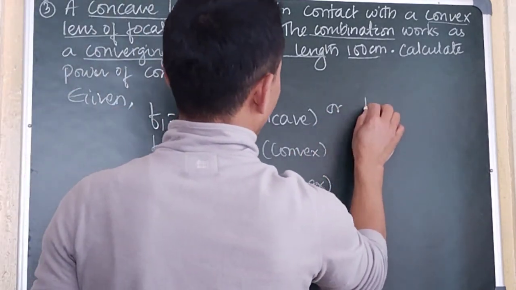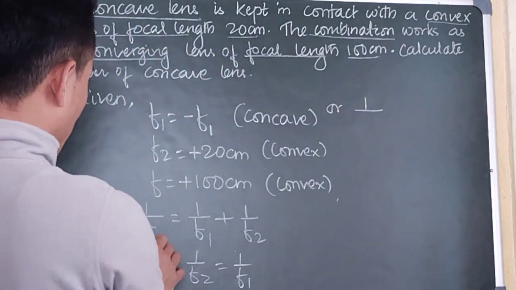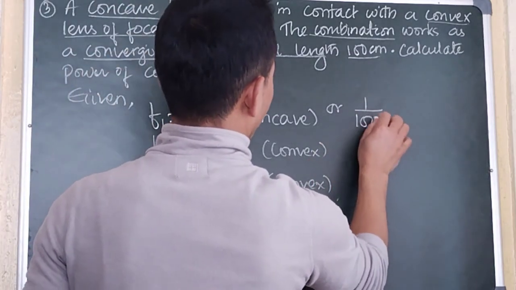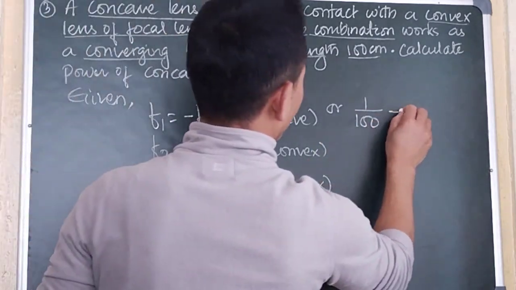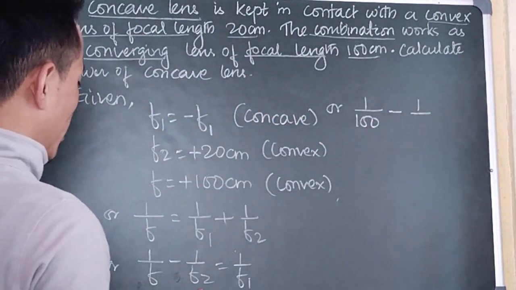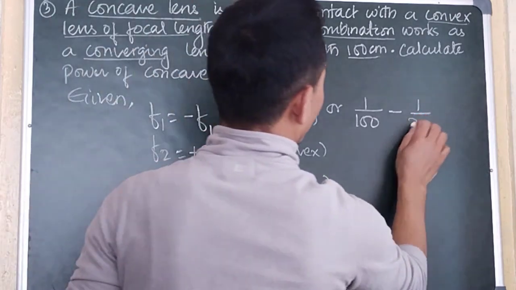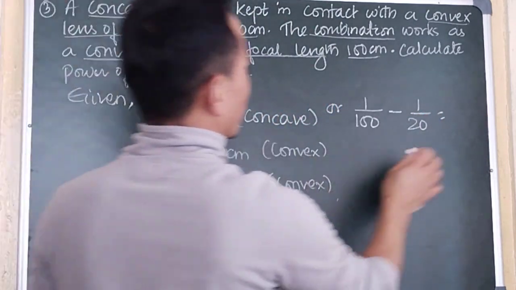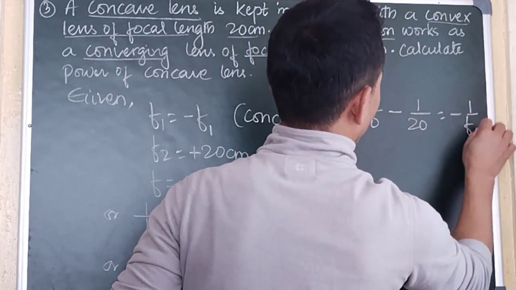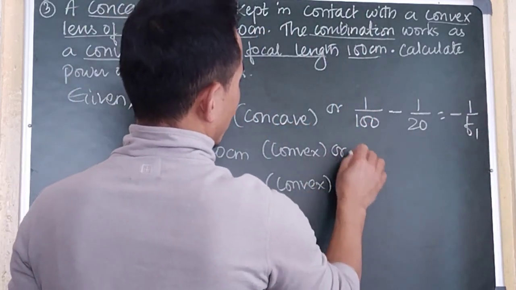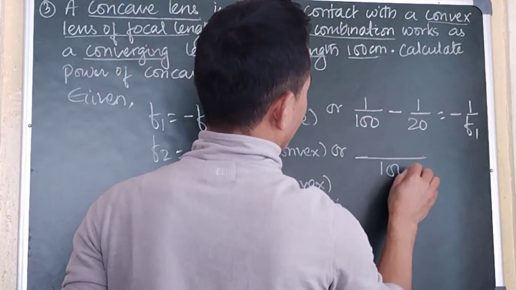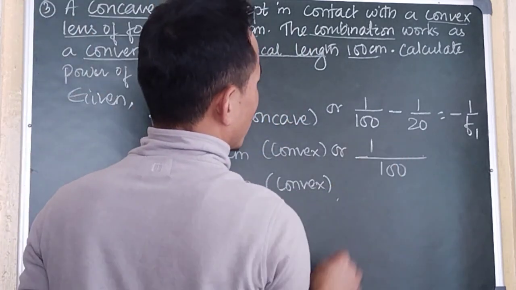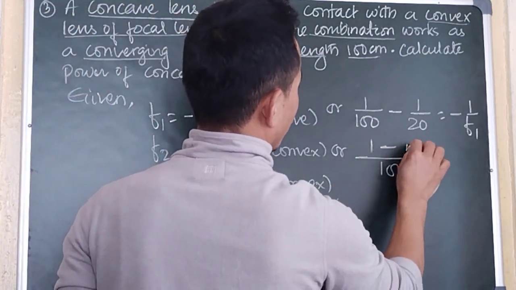So 1 divided by f is 1 divided by 100, minus 1 divided by f2, which is 20, is equal to minus 1 by f1, since f1 is the concave lens. Taking the LCM, which is 100, 100, 1 time is 100, 20, 5 times is 100.